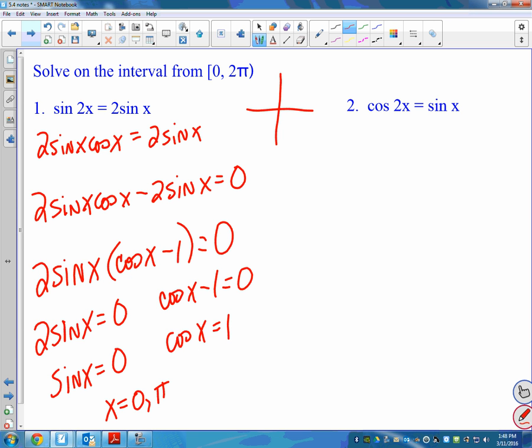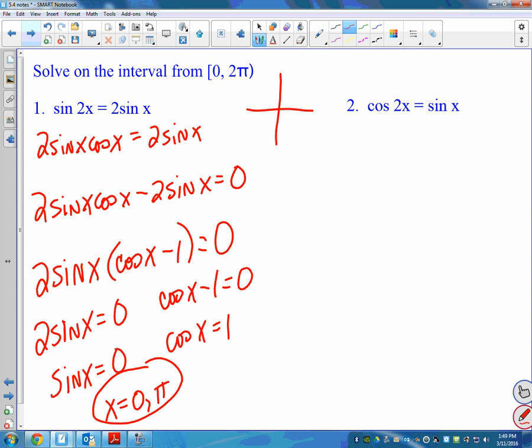Cosine is x, so it should just be 0, but we already have 0 here. So it's pretty good. That whole part of still having to know your trig values still applies.